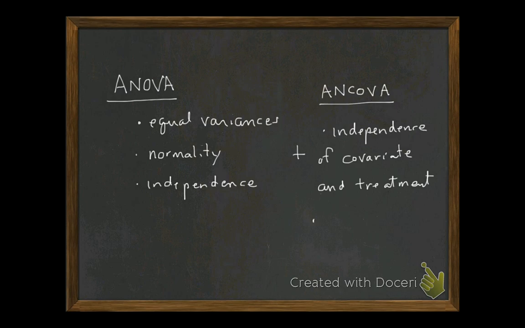And the second thing is a little more complicated. We need what's called homogeneity of regression slopes. Okay, now what do I mean by that? The first thing, let's talk about this one first. Independence of covariate and treatment.